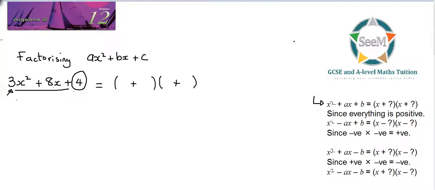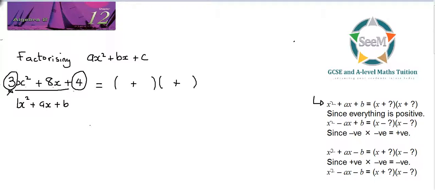That simply means previously we've dealt with expressions that have x squared plus ax plus b. In this case the coefficient is 1, but today we have a coefficient that is different, that is 3. Therefore, we have to also consider the factors of 3.